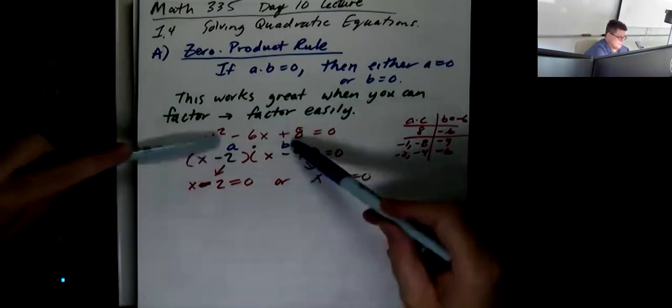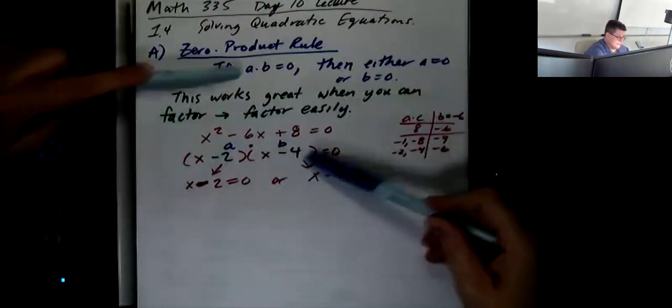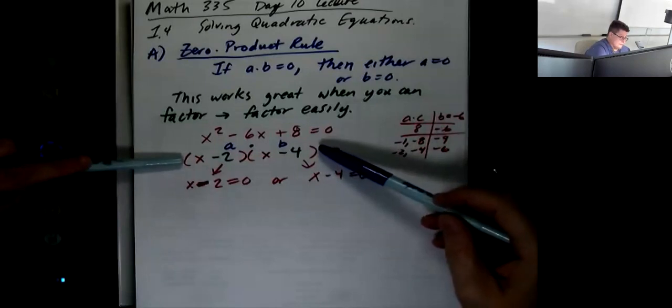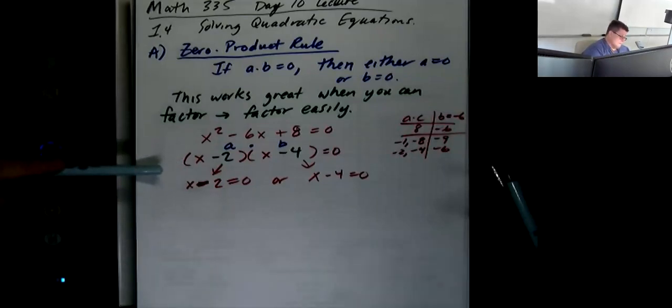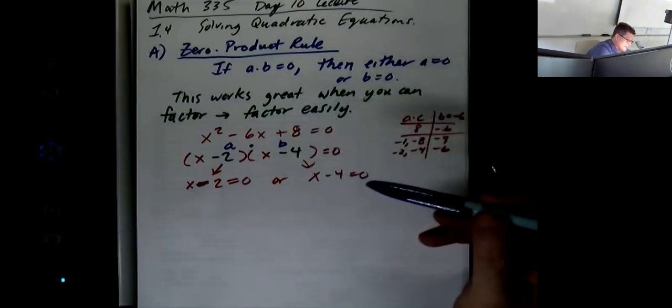So A times B equals 0, I make this A and this B. The only way two things multiply together to get a 0 is if one of them has to be 0, or they can both be 0. Rather than having to guess and check which numbers will give us 0, it gives us a means to find it, if we factor like that.